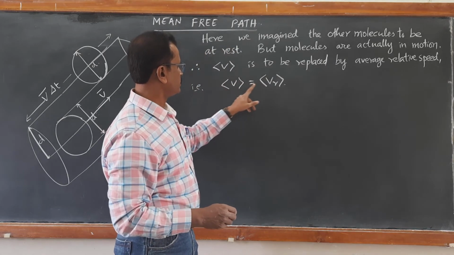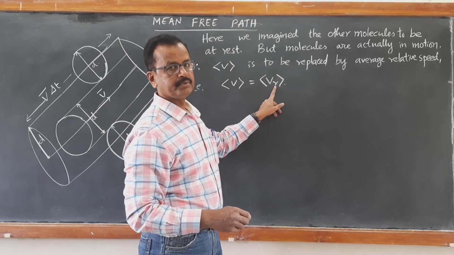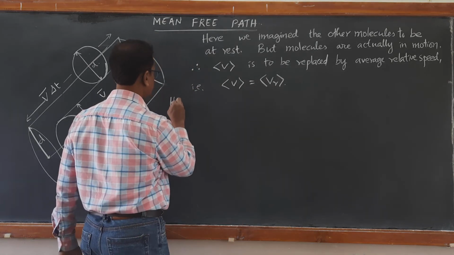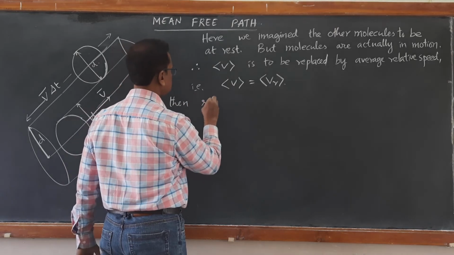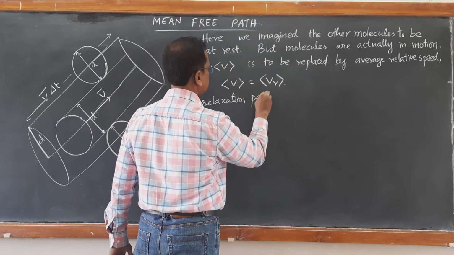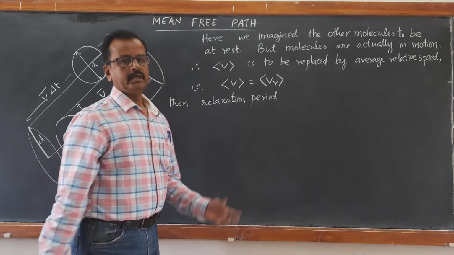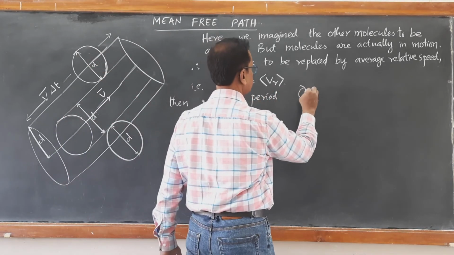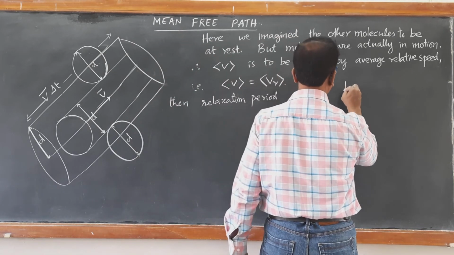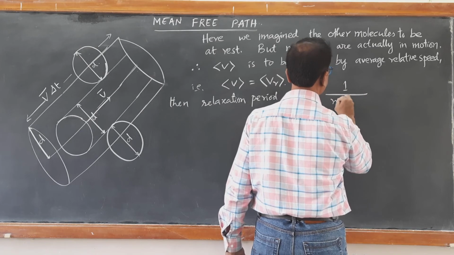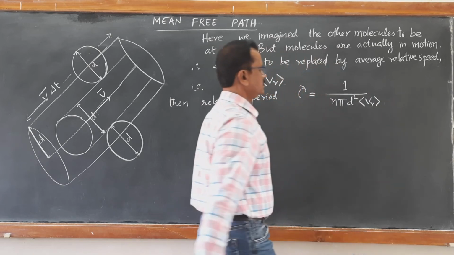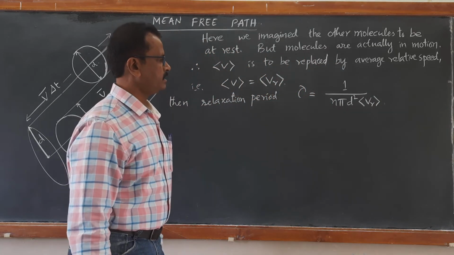So then relaxation period, or what we call average collision time tau, becomes 1 upon n pi d square VR.